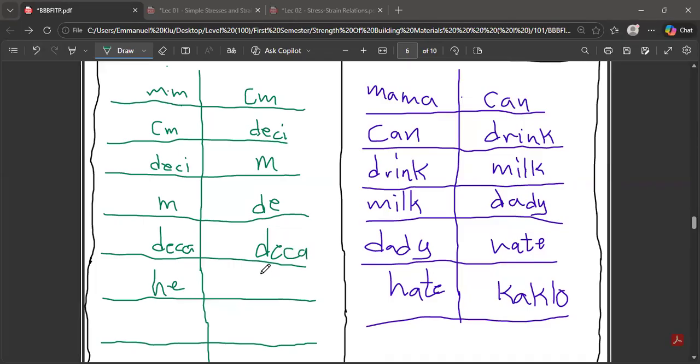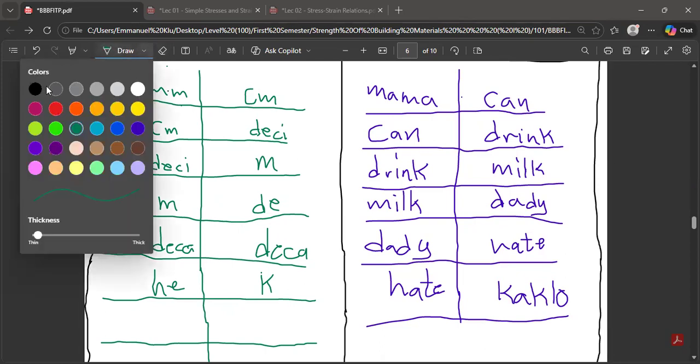And then this becomes our kilo. As part of what I was saying, if you're able to put this down.